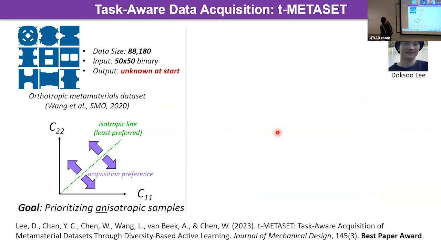The topic here is that the data itself, the geometry, has no cost. We can gather, like here, 88,000 architectures, a library of architectures. The cost is about simulation, simulating the property. So how do we decide what data we choose from this library so that we can accomplish the property we want?